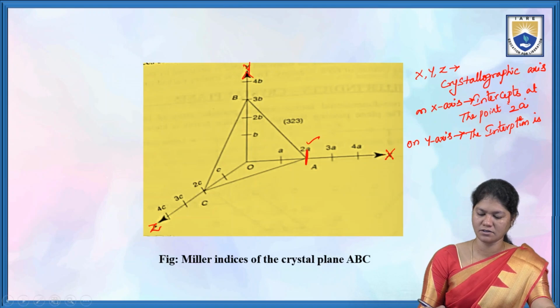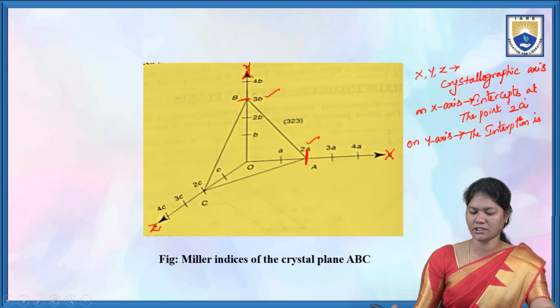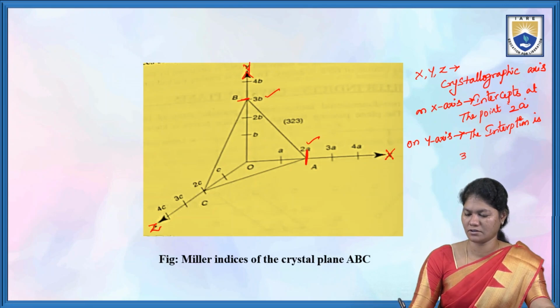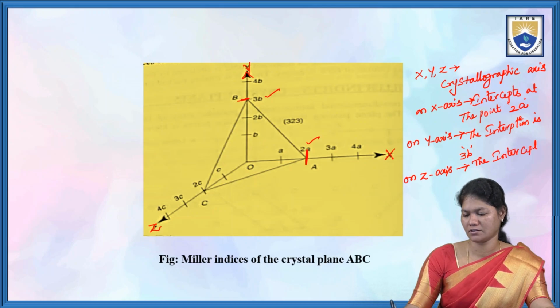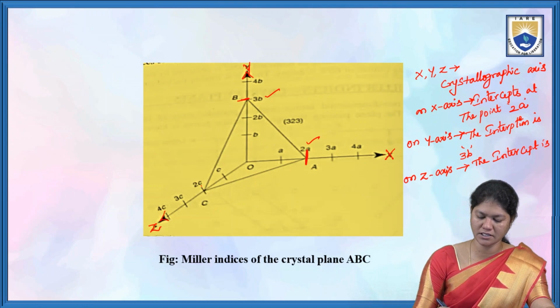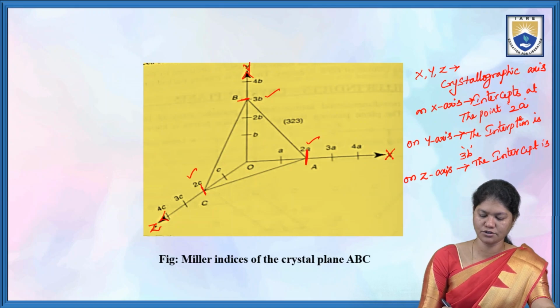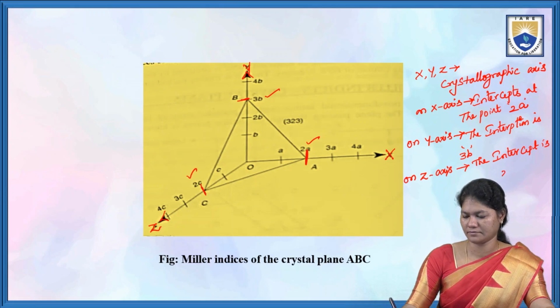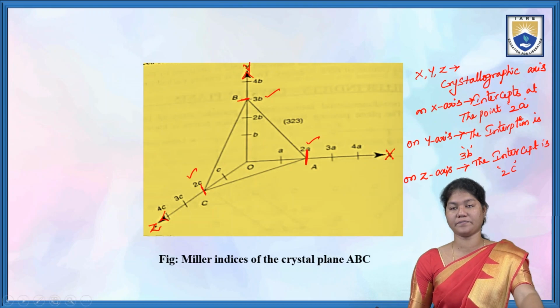This is the Y axis. The interception is here, at 3B. On the Z axis, the interception is here at 2C.